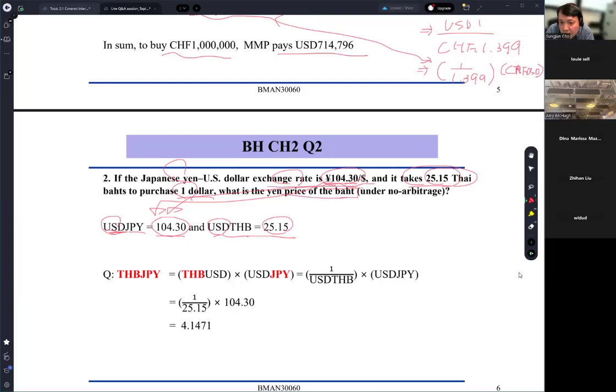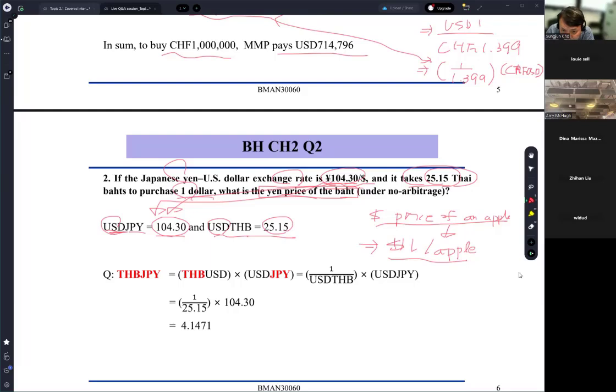What is the meaning of yen price of the baht? This is something like the dollar price of an apple, which means, let's say, $1 per apple. This is translated into this form, right? The dollar price of an apple will look like this: $1 divided by apple.